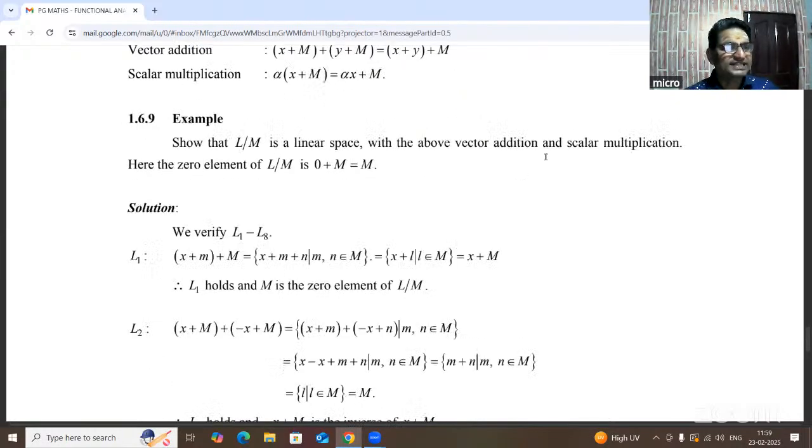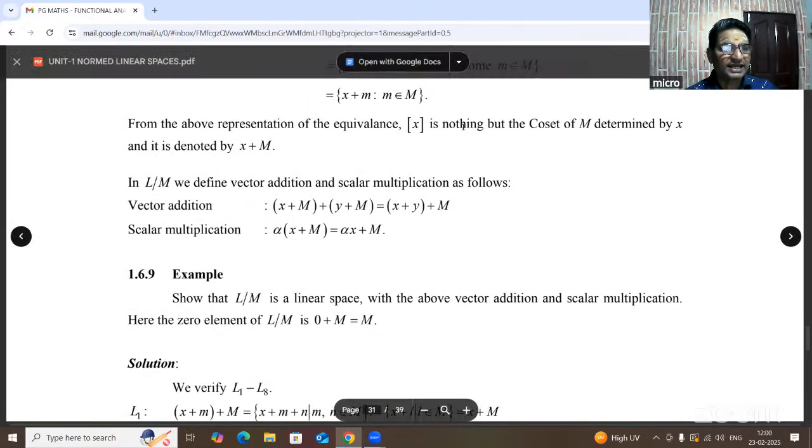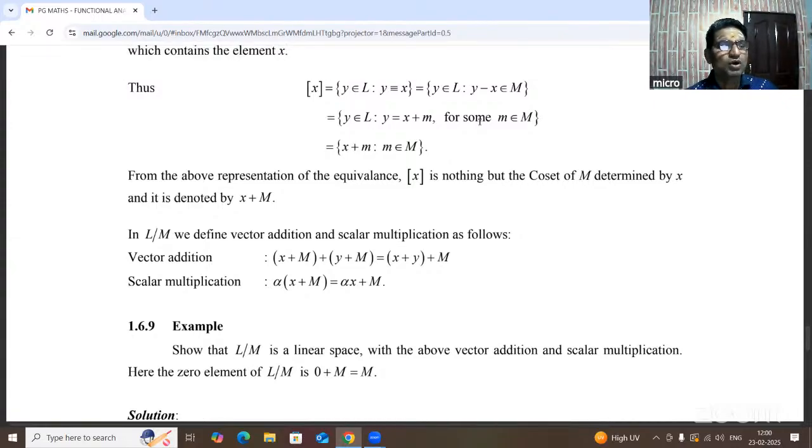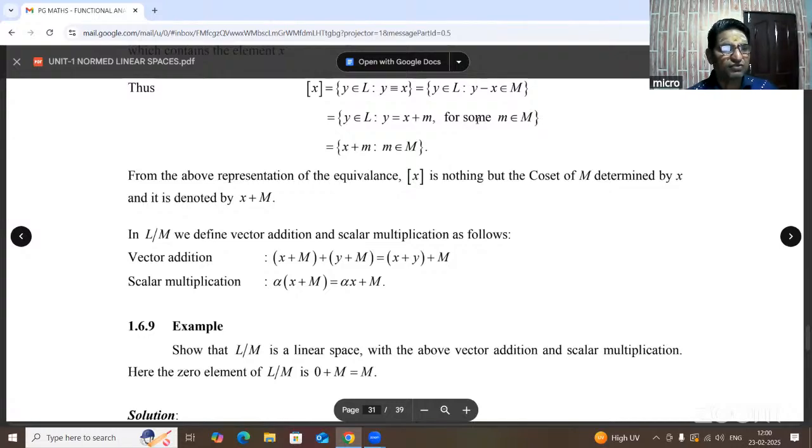Tomorrow we will discuss the quotient space. The set of all cosets is a linear space. The quotient set elements are denoted by x plus capital M, equal to the set of x, equal to bracket of x, or the equivalence class of x, equal to the set of x plus m. That x plus m is the coset of this part.